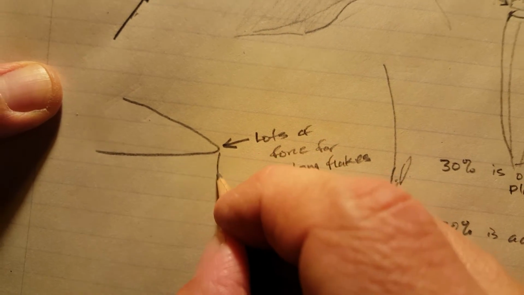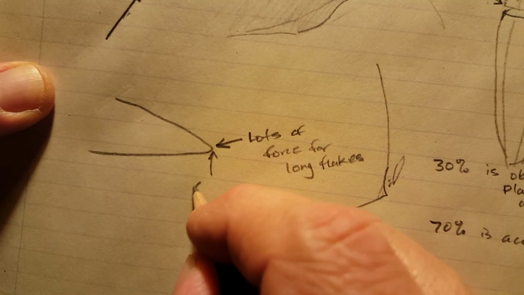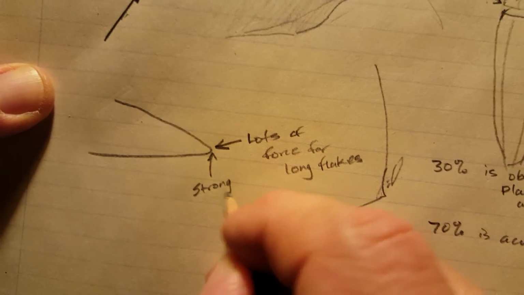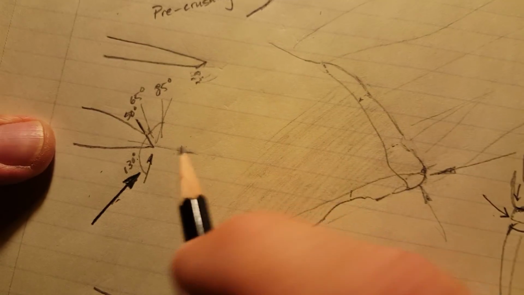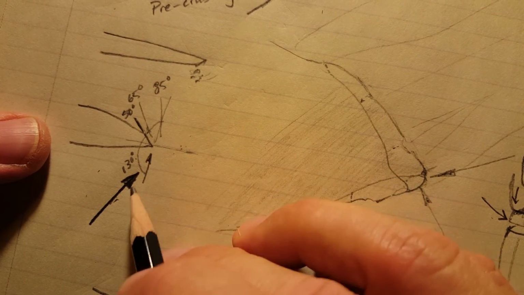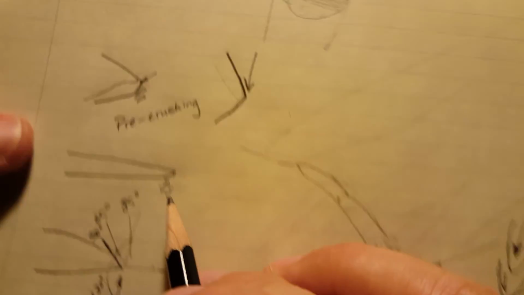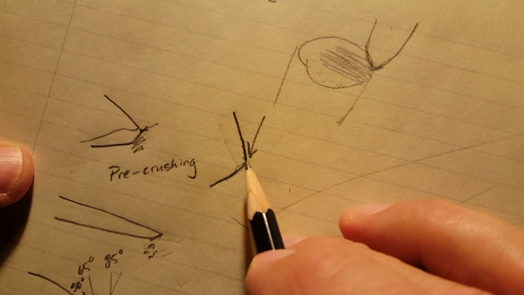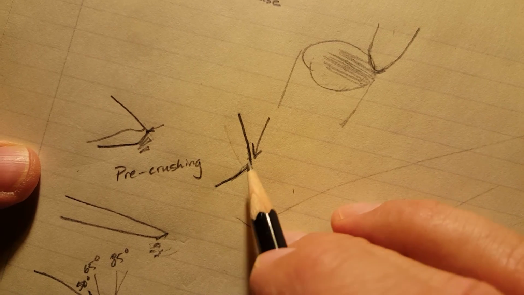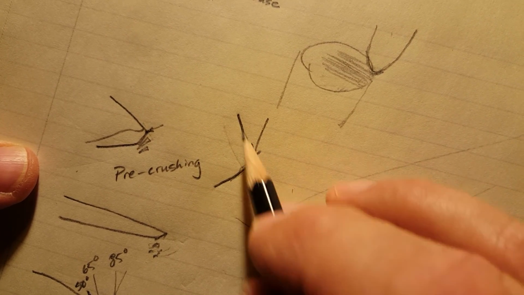So this has to be strong. And you achieve strength either through shaping like this with strikes, with abrading to round it, or you can create strength by creating an obtuse edge.